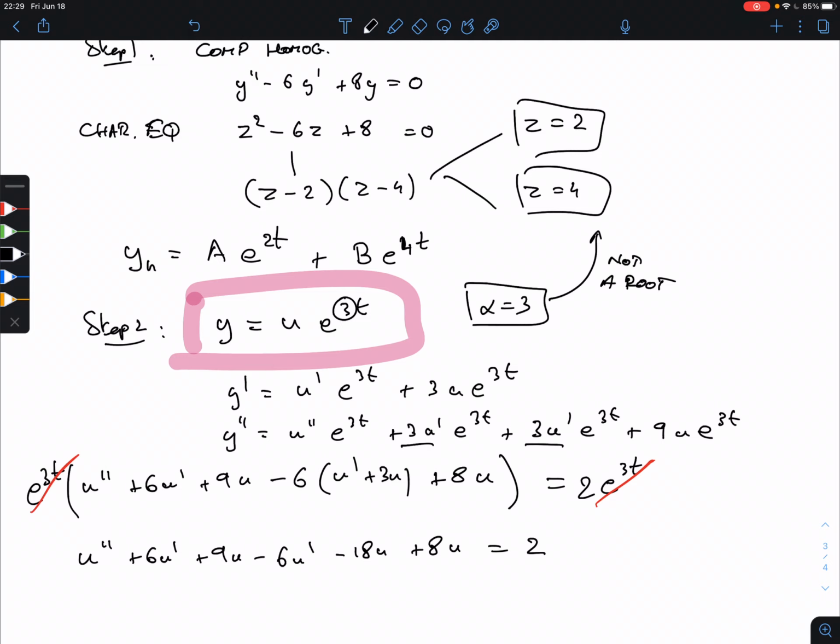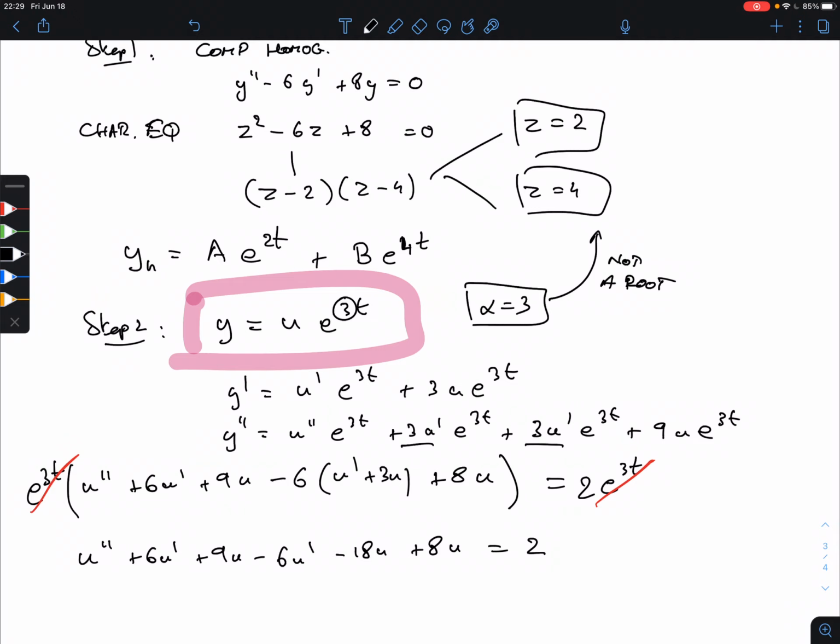So it's not a root. That means there will be no cancellation of u. It's when this is a root that there will be cancellation of u. And even if this would be the only root, because it can be that this equation has only one root, if the discriminant is 0, then even u and u prime will cancel. So it's good to know in advance whether this thing will happen or not.